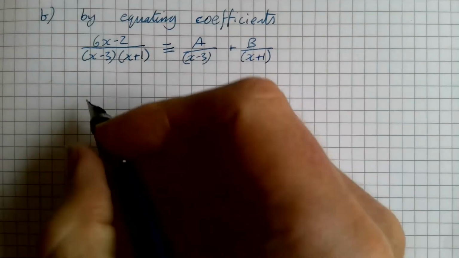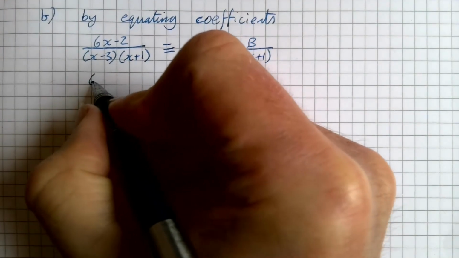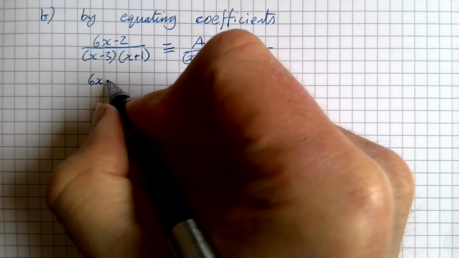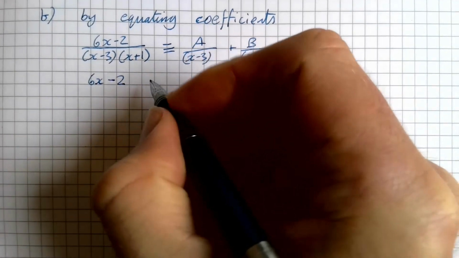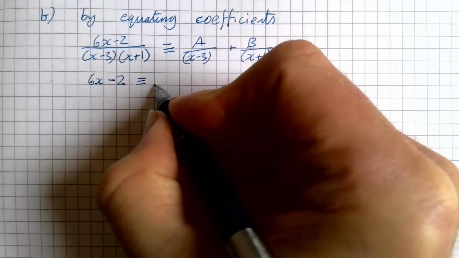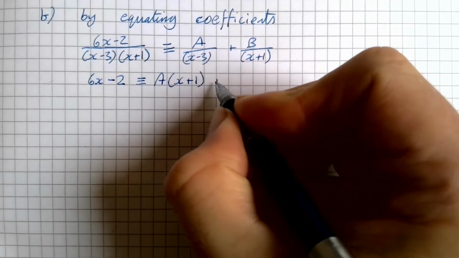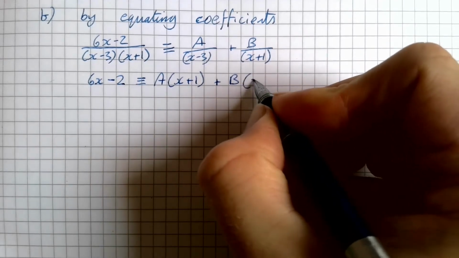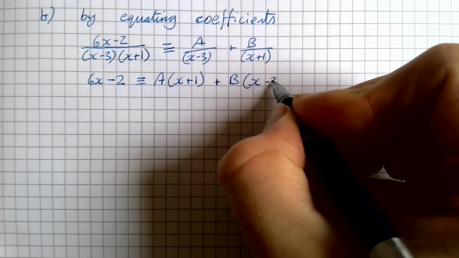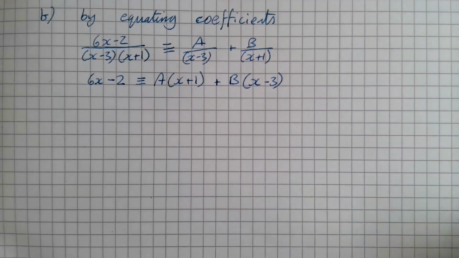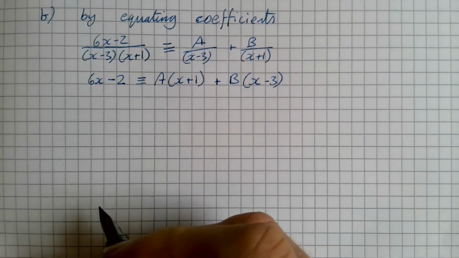And we can still go back to the same thing we were talking about before, where that means that 6x minus 2 is going to be identical to a(x plus 1) plus b(x minus 3). So that was all through the bit that we did earlier.